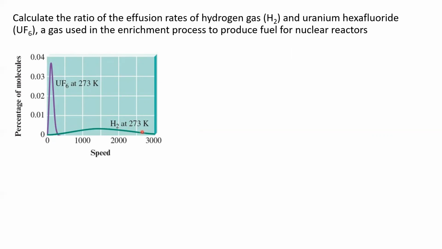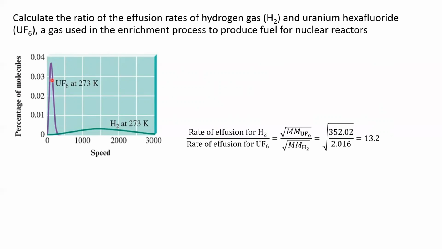And that makes sense because the hydrogen gas is lighter, so it's going to be effusing at a greater rate. The uranium hexafluoride molecules are heavier. They're going to be effusing at a much smaller rate.